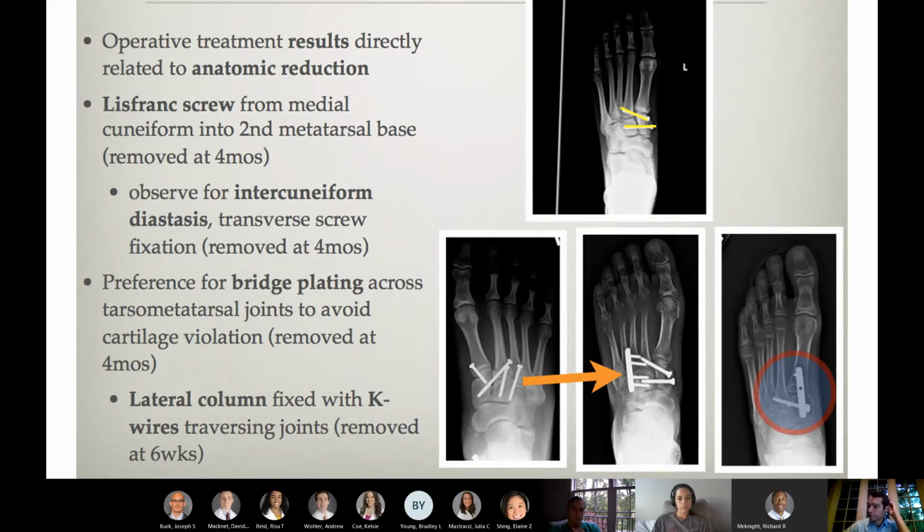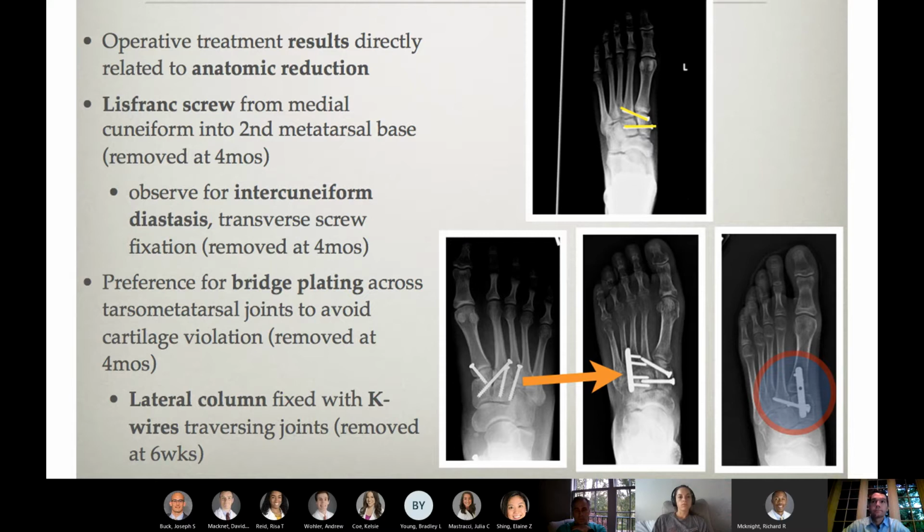More and more as a field, we've moved towards bridge plating, trying to spare injury to the cartilage surfaces. Do you have any comments on that, Sean? No, I definitely do more bridge plating now than I did a while back, but at the same time, I'm doing more fusing now than before.